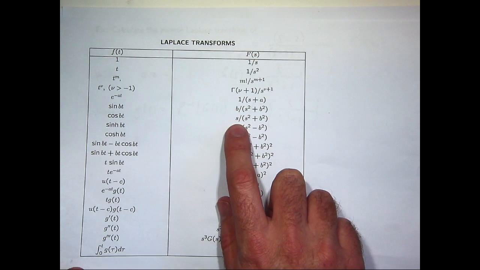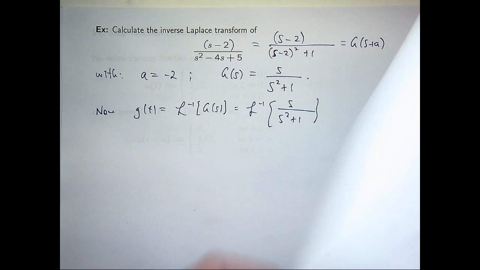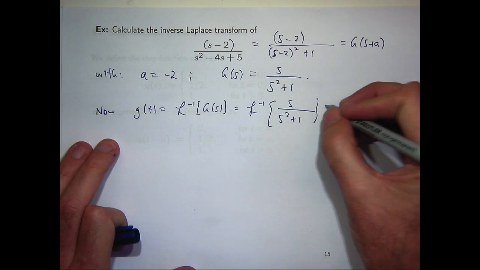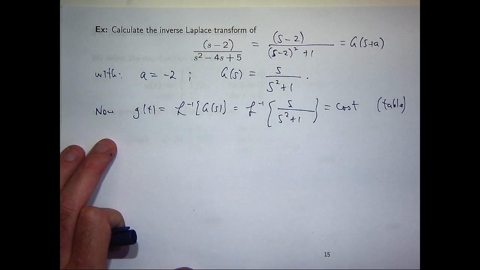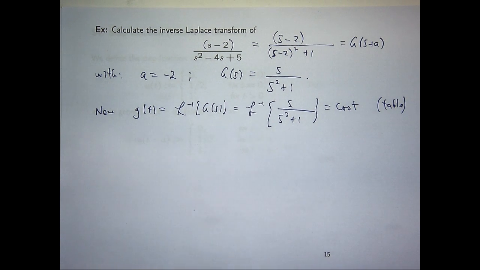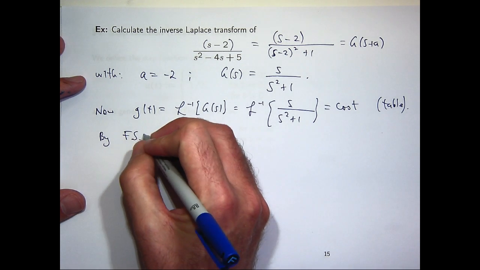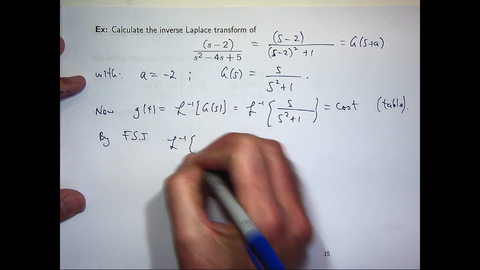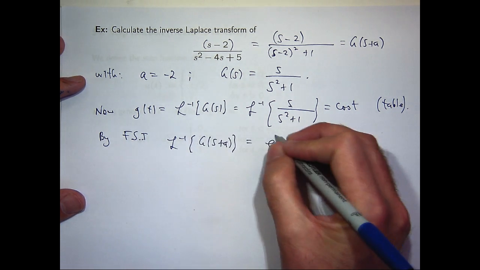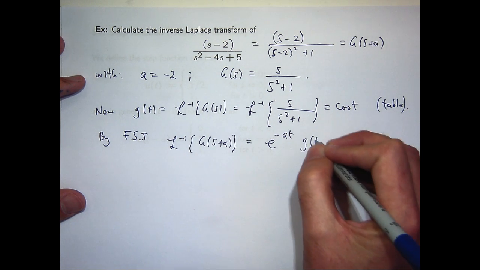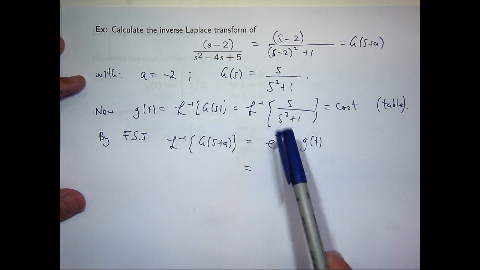It's going to be something like cosine t. So from a table, by the first shifting theorem, the inverse transform of this is just the following. We know little g of t is cosine t.